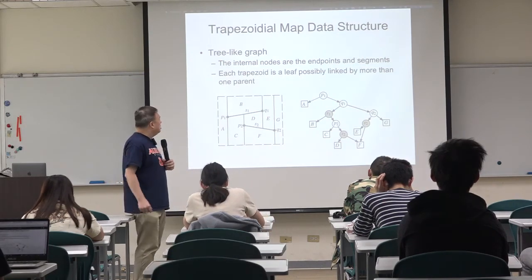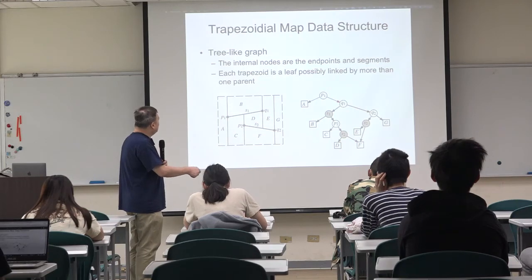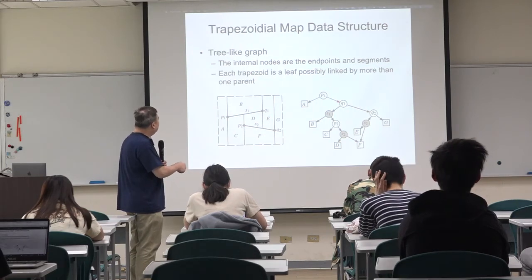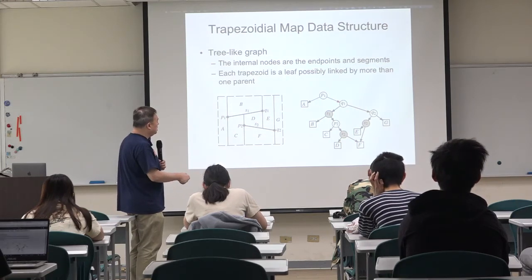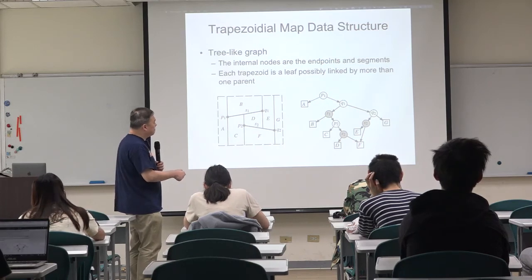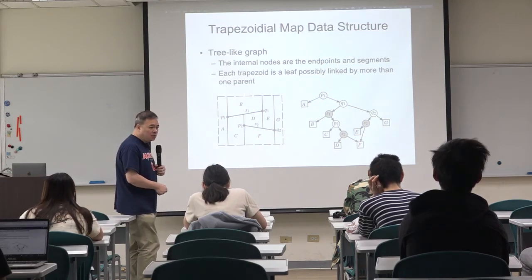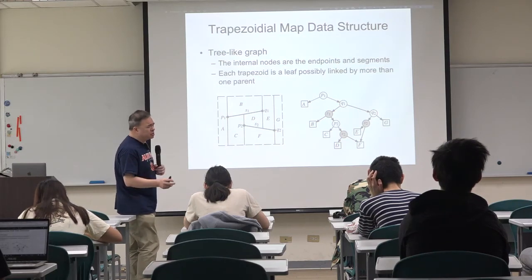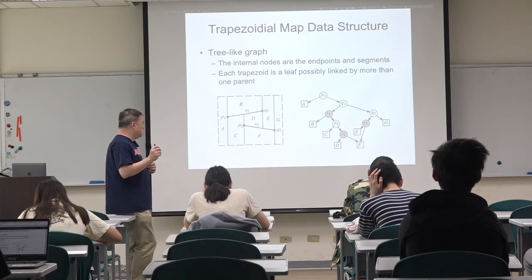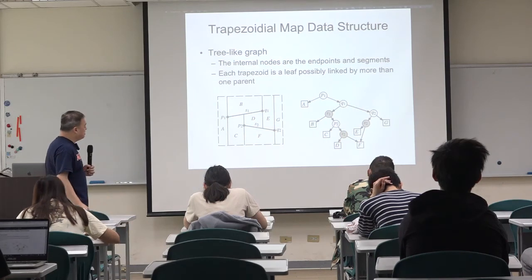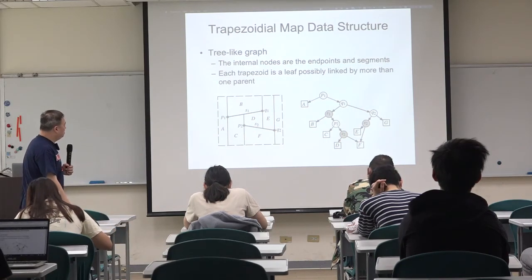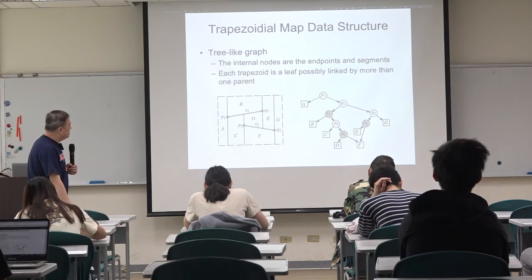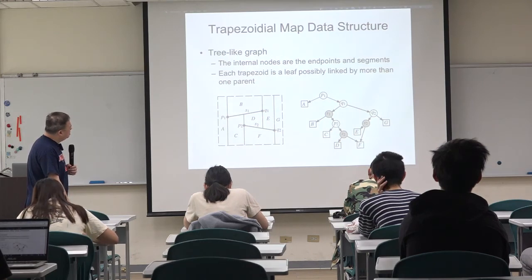We call this data structure a tree-like graph. It's similar to a tree, but some leaf nodes may have more than one parent.